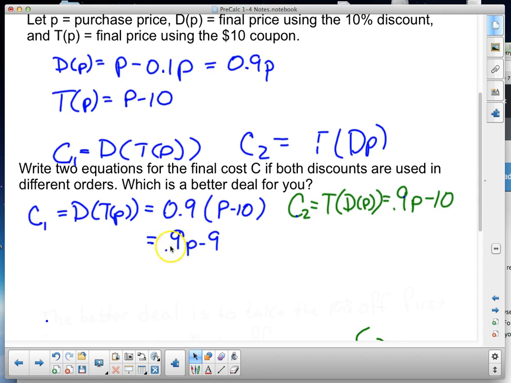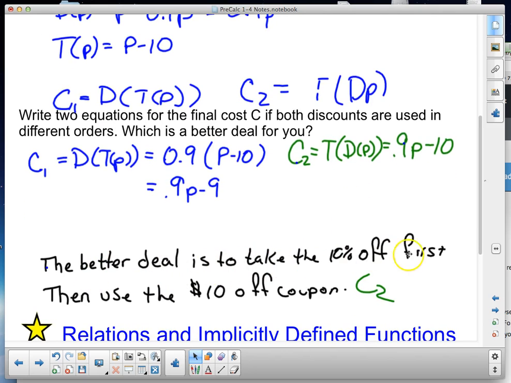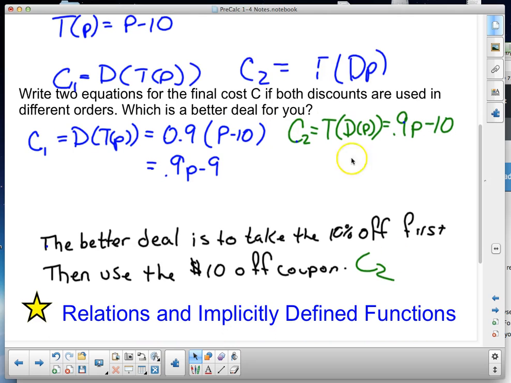Well, when we consider 0.9P minus 9 and 0.9P minus 10, take the percent off and then take off the $10 is the better deal. The better deal is to take the 10% off first, then use the $10 coupon. So C2 is the better deal.